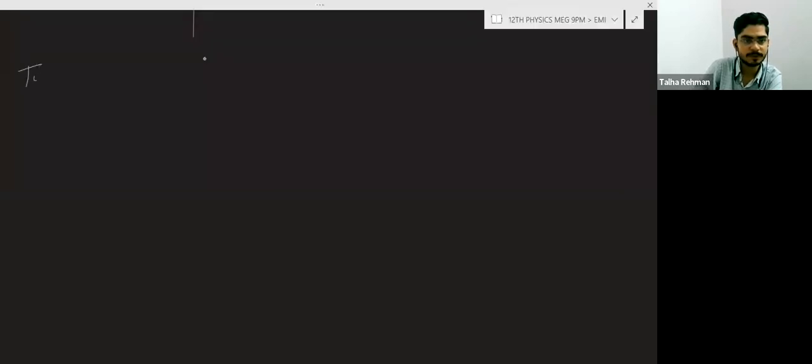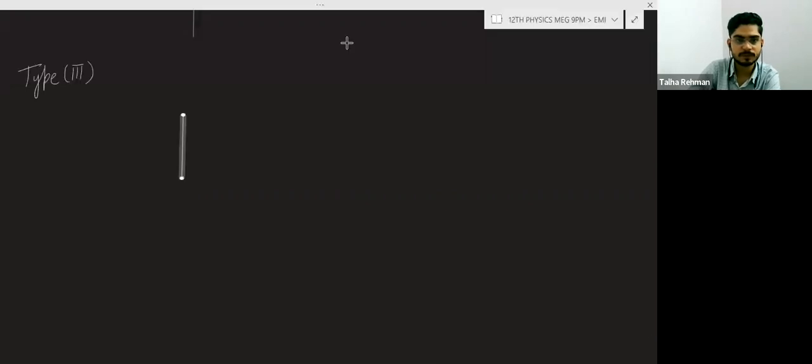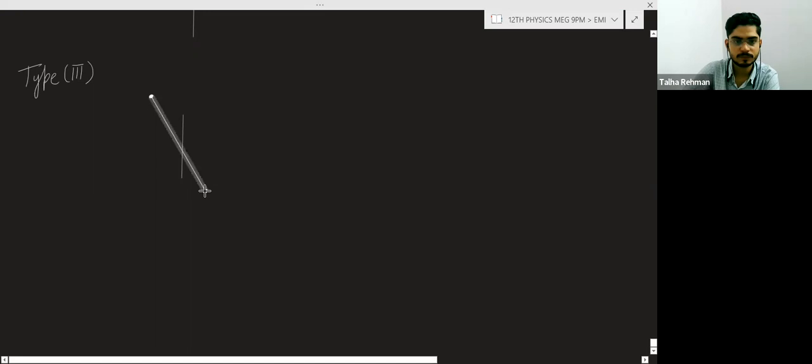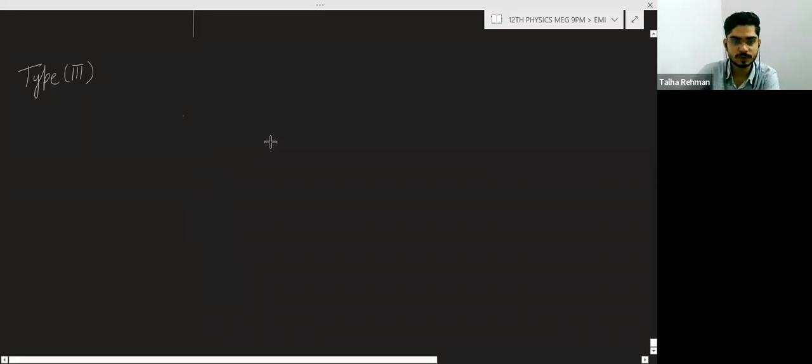So the third type of question you will get: you will have a current carrying wire and a coil. You have to tell the direction of the induced EMF when you increase the current in the wire or decrease the current in the wire accordingly. Suppose this is a wire here and here is some coil.